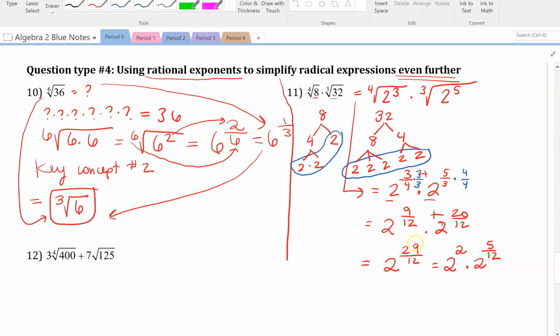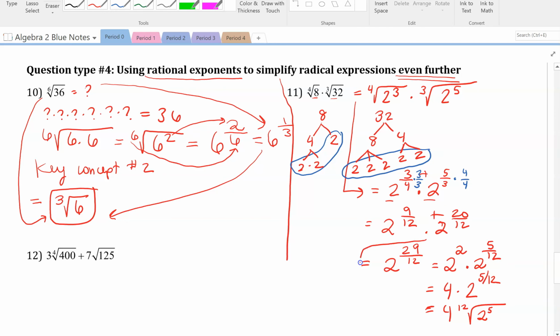So 2 to the power of 29 over 12 is the same thing as 2 squared times 2 to the power of 5 over 12. And so that would be 4 times 2 to the power of 5 over 12, which is 4 times the 12th root of 2 to the 5th power.